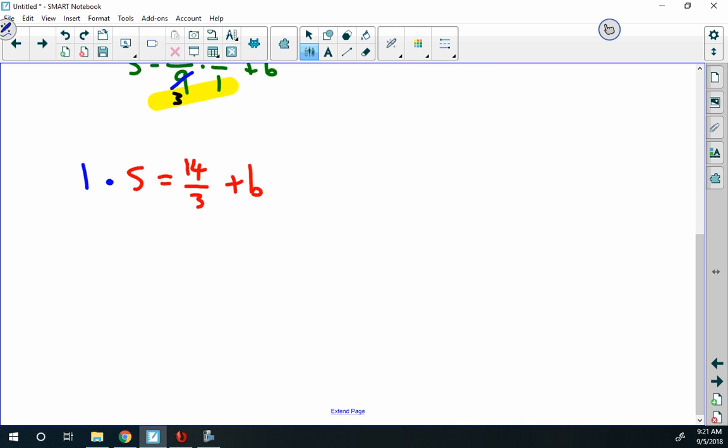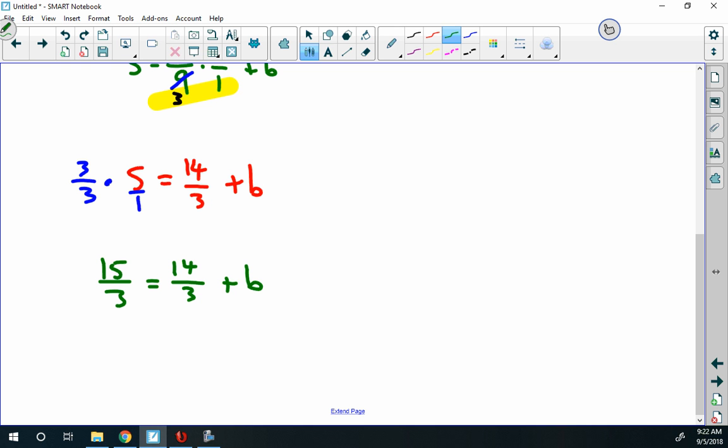It's going to look like the number 3 over 3. So 5 is really how many thirds? Somebody said it? Nice, 15/3. So this whole thing is going to become 15/3 equals 14/3 plus b. Now I want to get the b all by itself, so what do I do now?